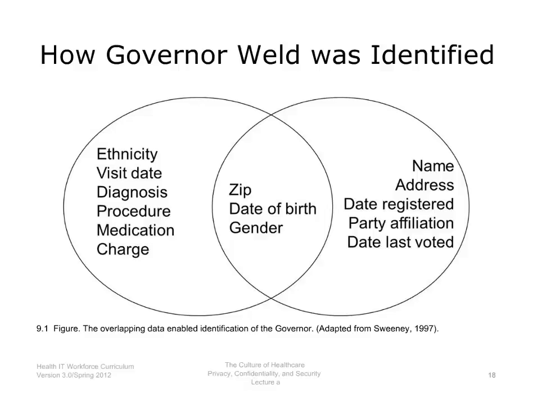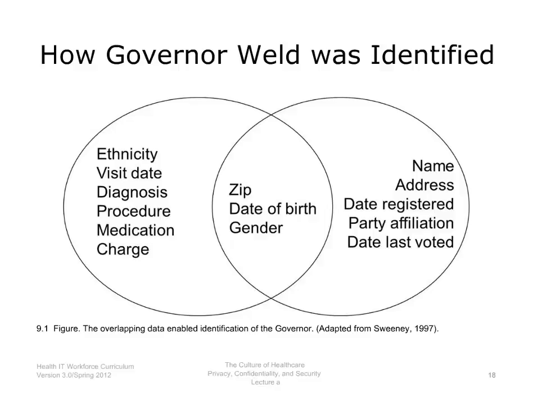This slide demonstrates how Governor Weld was identified. On the left is the so-called De-Identified State Employee Health Database, which includes state employees' ethnicity, visits to healthcare providers, diagnosis, procedures, medications, and charges. It also contained zip codes, dates of birth, and gender.